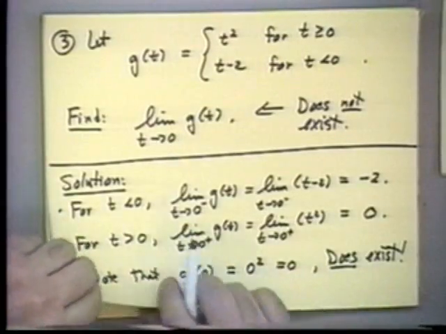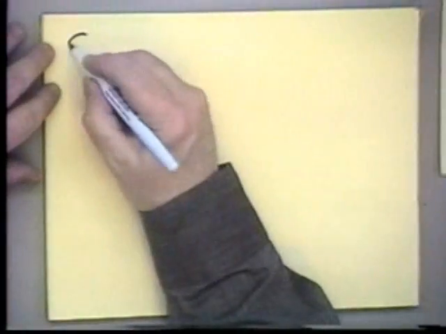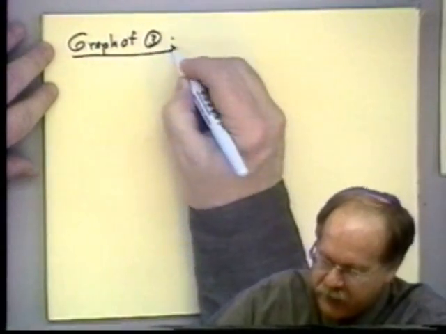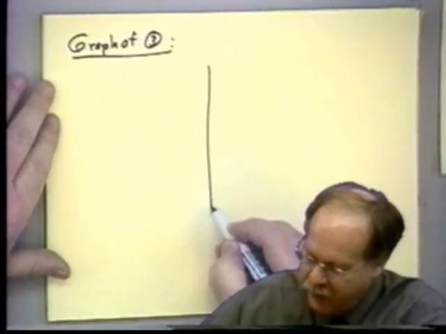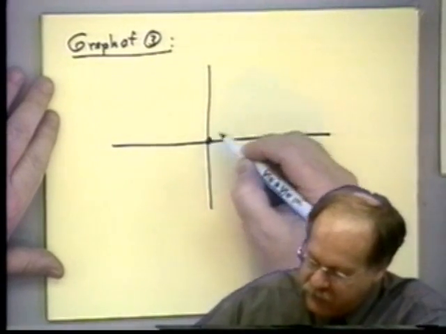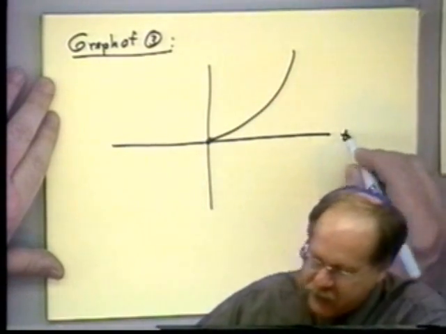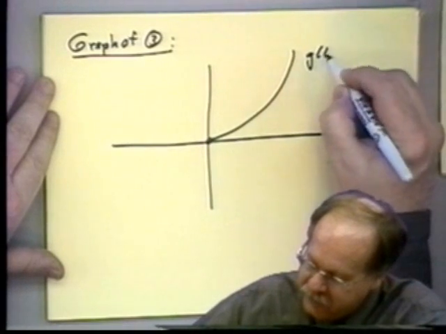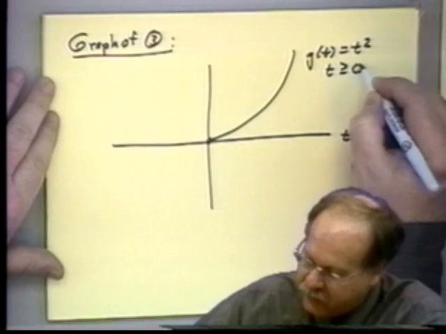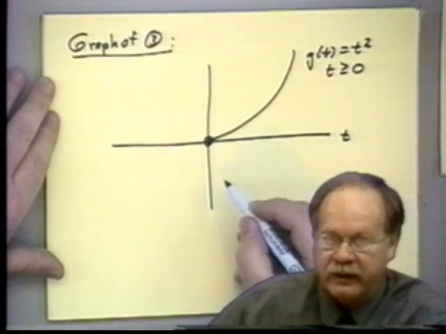Let's go ahead and look at a picture of this, because that sounds interesting enough. So this is a graph of this exercise number 3. And it's a very simple graph. We can go ahead and quickly sketch this out. It is the function t squared. So this is the t-axis. So this is g of t equals t squared, where t is greater than or equal to 0. That's why I included this point in the middle.